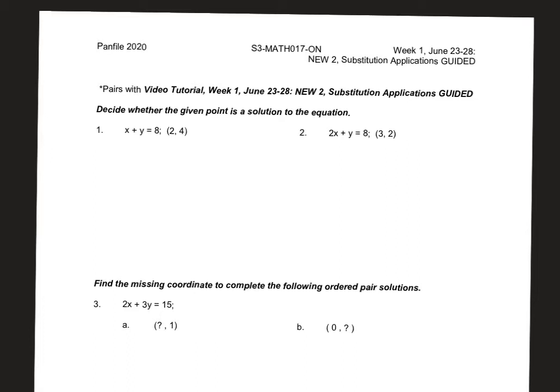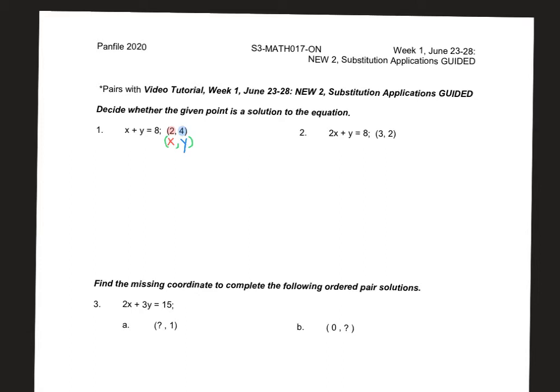This looks very similar to what we did in that review section. We have x plus y equals 8. We have this semicolon and then parentheses 2, 4. Now, the 2, 4 is representing an ordered pair, which we just discussed, representing an x and a y, in that order: x, y.